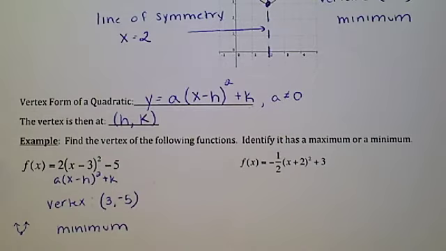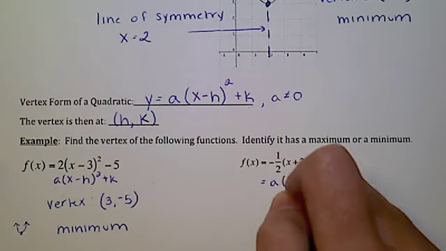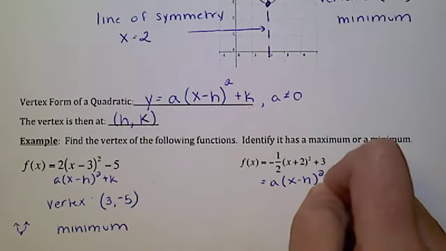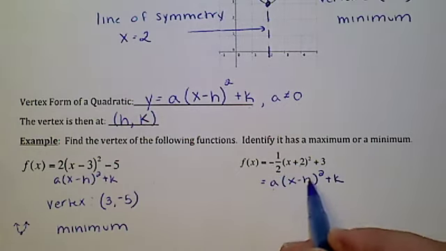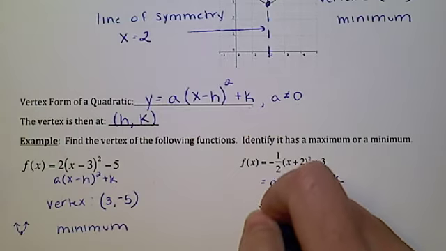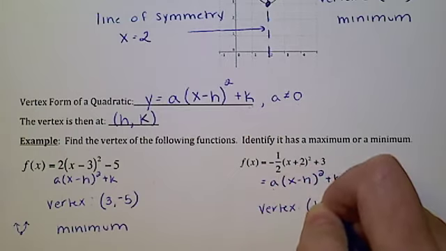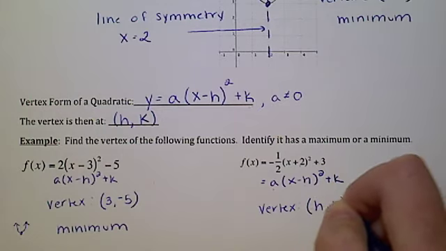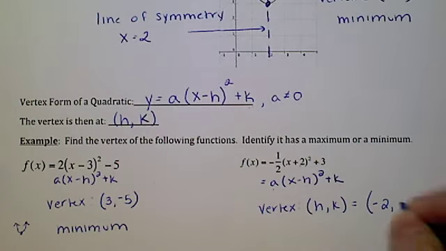On the other one over here, it's also in vertex form. Again, I'll just write that vertex form right underneath so you can see how things line up. -1/2 is a, -2 is h, +3 is k. So my vertex is h, k. Oops, I'll just go ahead and say that that is -2, 3.